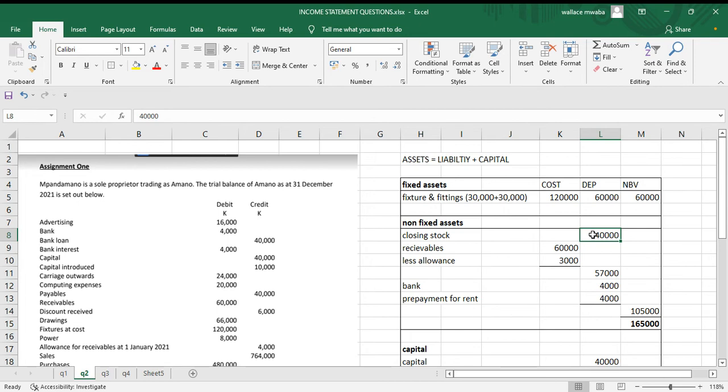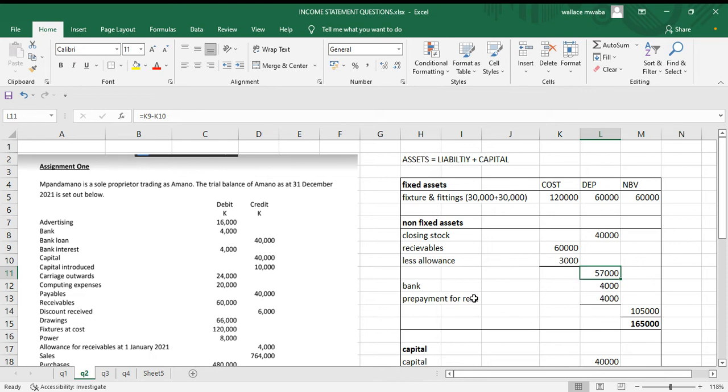We've got our receivables, but remember, there was an allowance for receivables, which is going to be 5% of the receivable values. So 5% of 60,000 is 3,000. This is the allowance, so we deduct it from the receivables. 60,000 minus 3,000, we get 57,000.